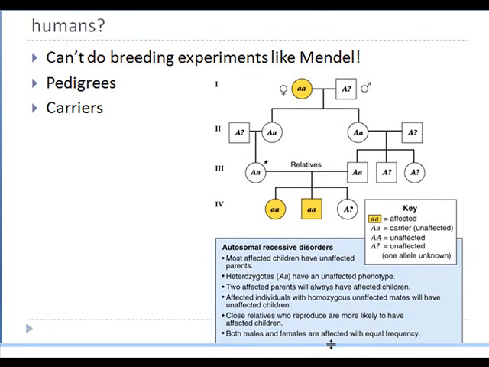Both males and females are affected with equal frequency. So we use the term carrier when we see a heterozygous individual which is not really affected by the disease, but may carry it on to the next generation. Close relatives who reproduce are more likely to have affected children.